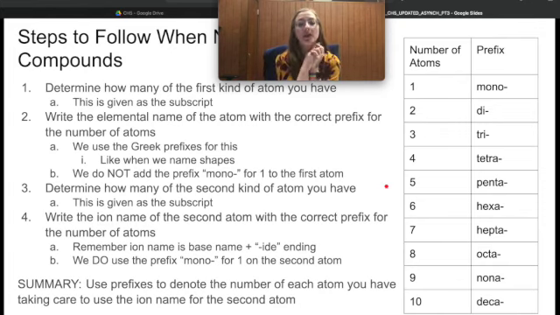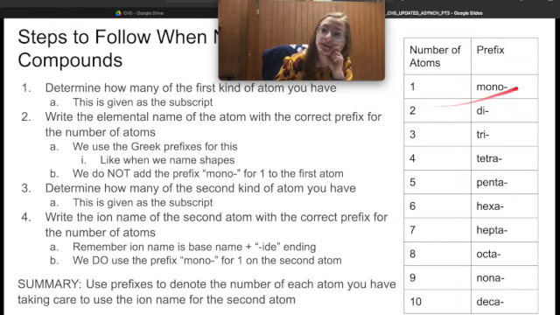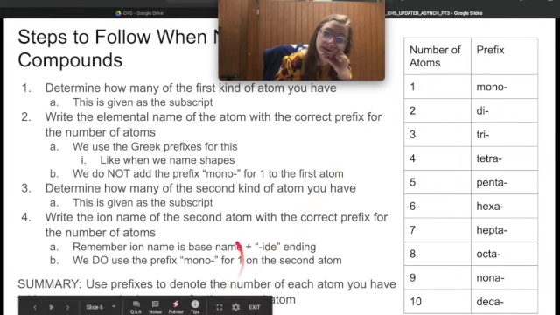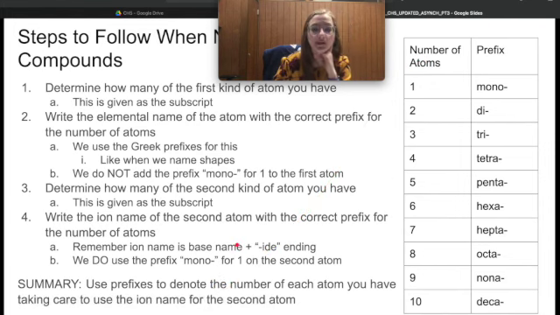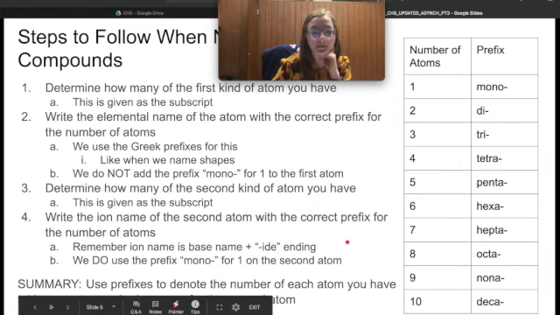Our first atom gets the elemental name, and our second atom gets the IDE ending. So you use mono on the second atom with the IDE ending if you have one atom. So you use that anion name.